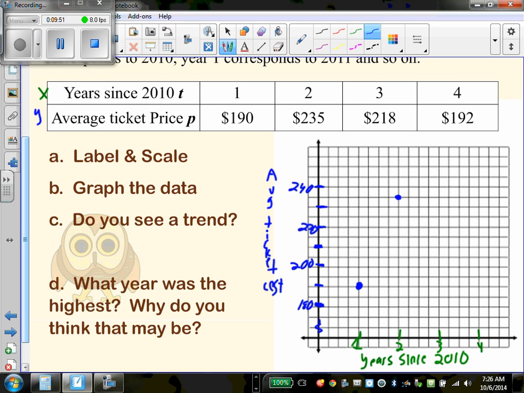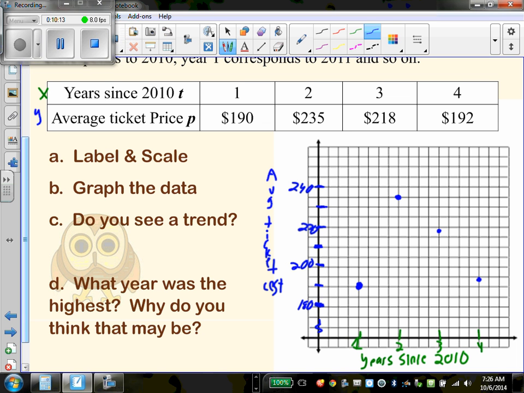Our third one is 218. 218, remember, is going to be pretty close to 220, so kind of right there. And lastly, we have 4, 192. And 4, 192 is right around there.